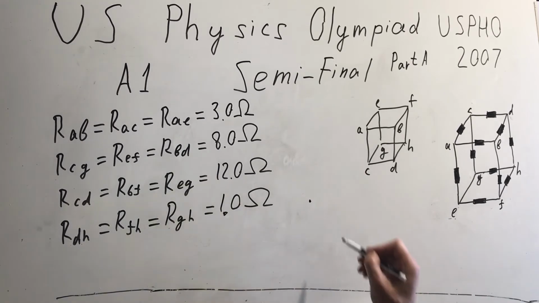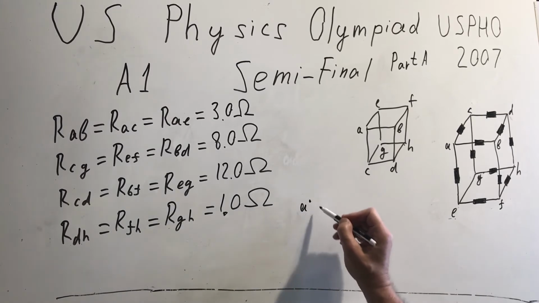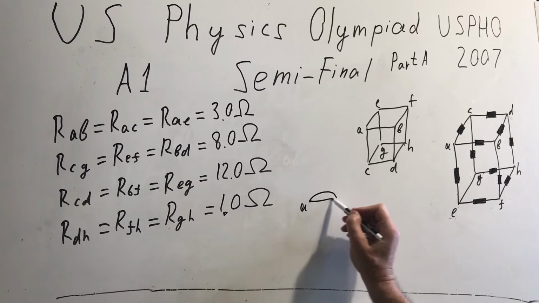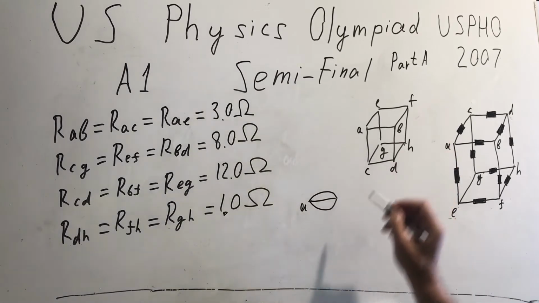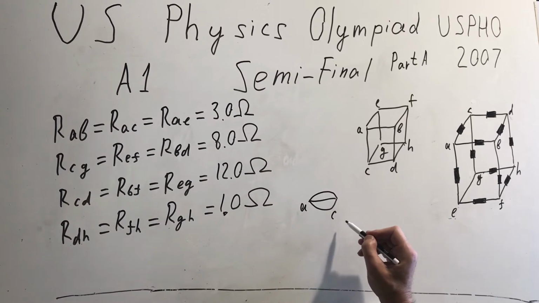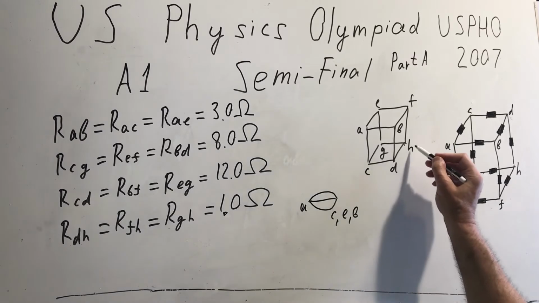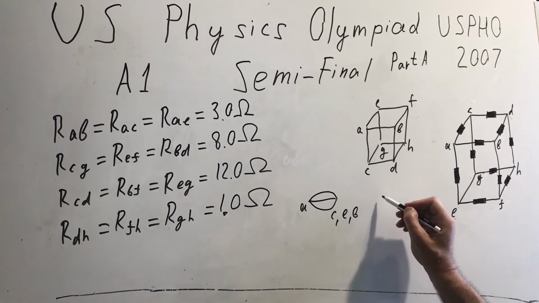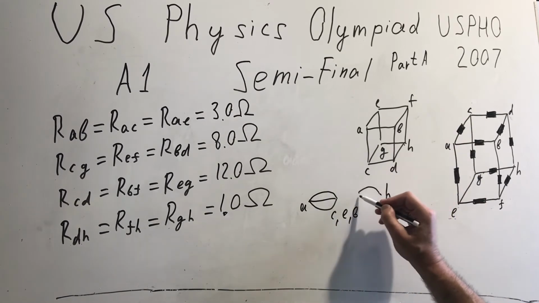So we can change it like this. If this is point A, there will be three resistors connected to the same point, which are C, E, B, and from the other direction we have point H connected to 3 symmetrical points.